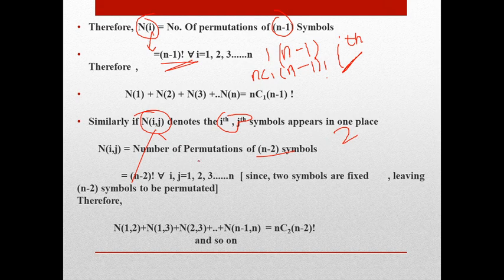So the remaining n minus 2 symbols can be permuted in n minus 2 factorial ways, for all i, j from 1 to n. Therefore, the sum of N of i, j is nC2 into n minus 2 factorial, that is among n symbols, 2 symbols are preserved, that is nC2, and the remaining n minus 2 symbols can be permuted in n minus 2 factorial ways, and so on.